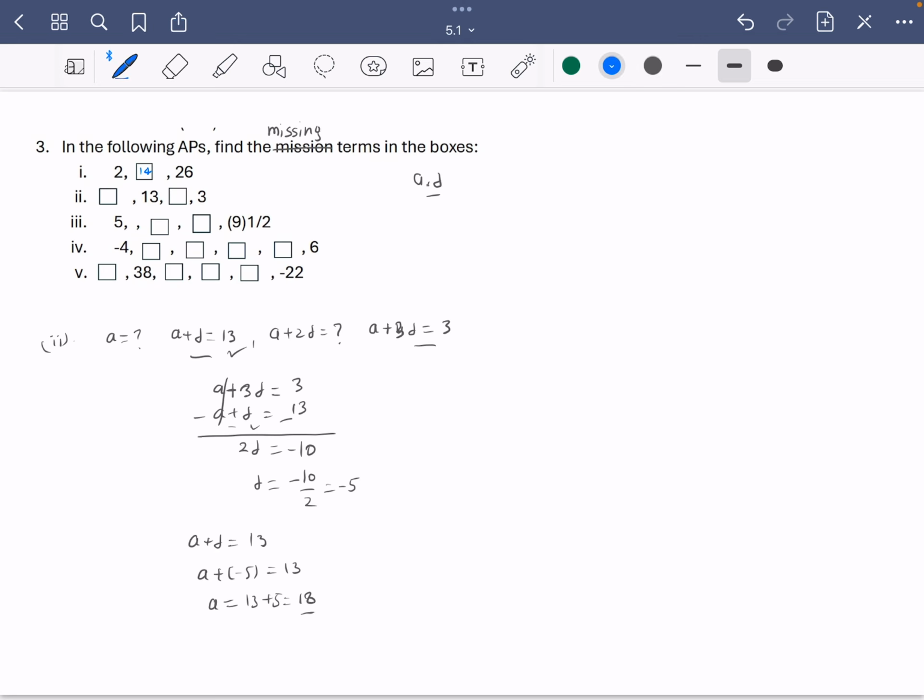So the first term here is going to be 18, then it's 13, and then the missing term is a plus 2d, that is 18 plus 2 times negative 5. So it's going to be 18 minus 10, which is going to be 8. So the sequence is 18, the difference is 5, so 18 minus 5 is 13, 13 minus 5 is 8, 8 minus 5 is 3.